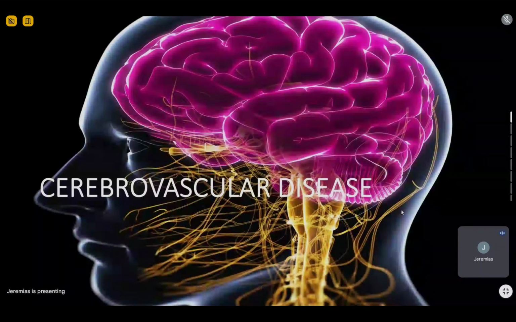Then we proceed to CVD or cerebrovascular diseases. So this CVD can be grouped into ischemic and hemorrhagic etiologies. CVD, clinically, we call it stroke.